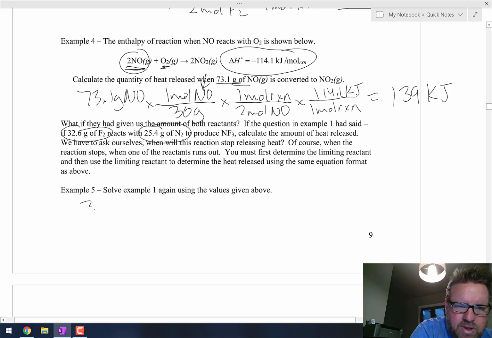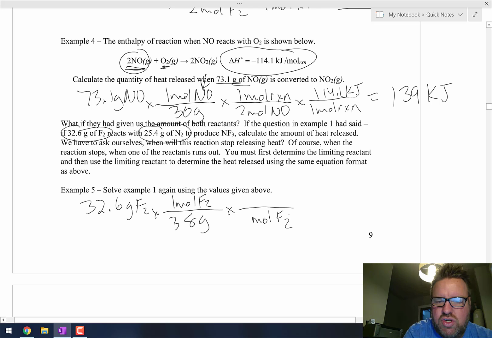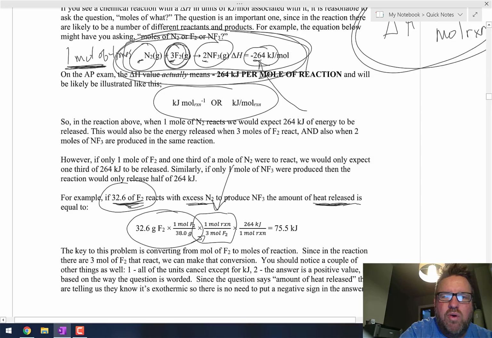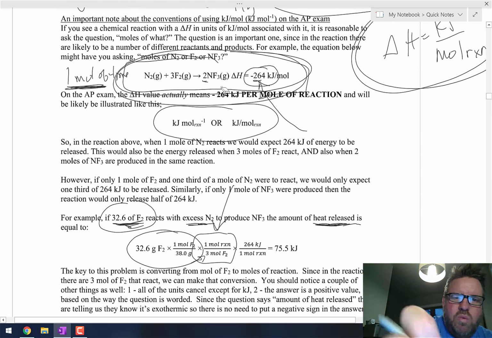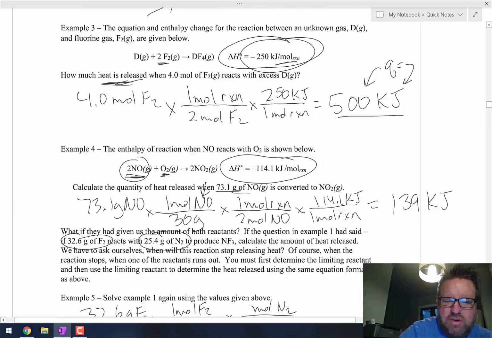So the first thing I'm going to do is take 32.6 grams of F2 and use the molar mass, 38 grams in 1 mole of F2. And then I'm going to need to use the balanced equation to go from moles of F2 to moles of N2. So I come back up here, and for every 1 mole of N2 reacts with 3 F2s.